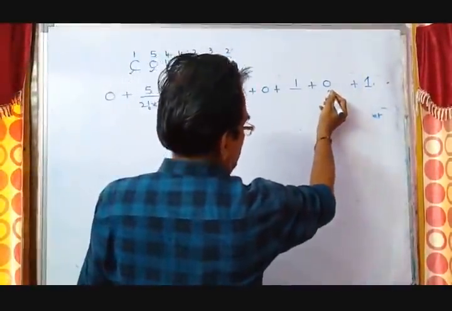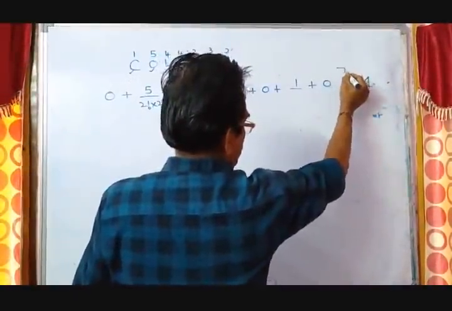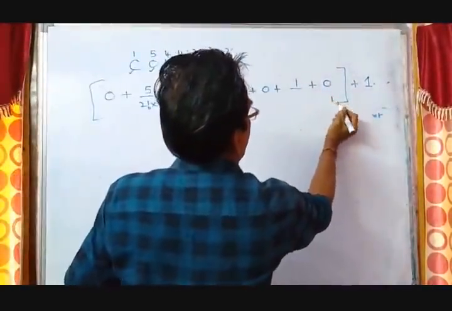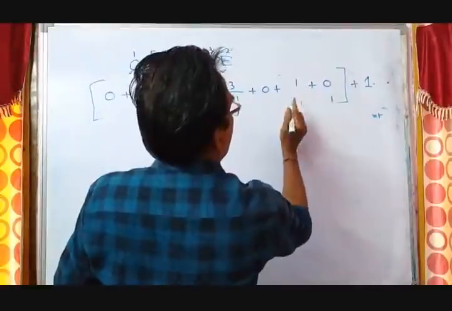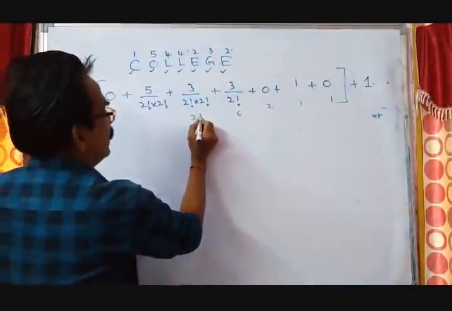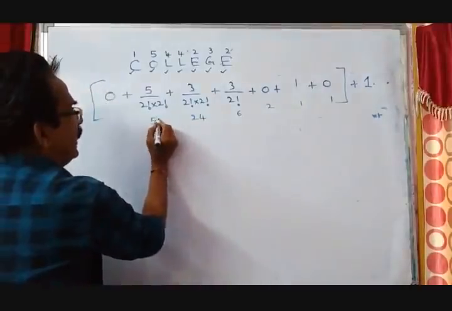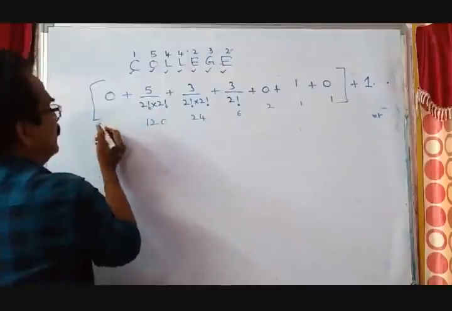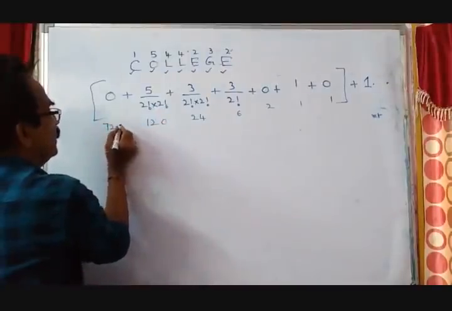So now we have to multiply with 0 factorial, 1 factorial, 2 factorial, 3 factorial, 4 factorial, 5 factorial, 5 factorial. This is of course 6 factorial.